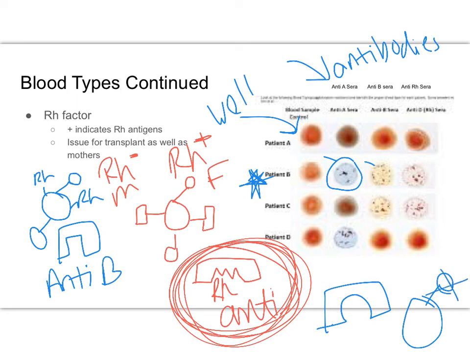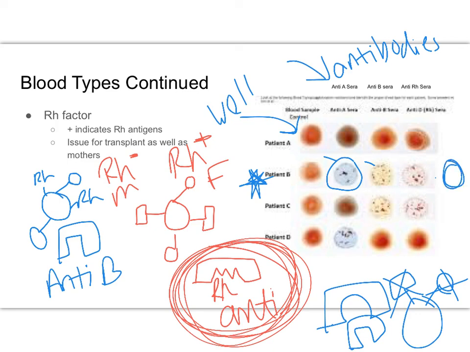Then I took a different sample of the patient's blood and put it in another well, and I added anti-B, so now I added these B antibodies. Again, I have no clumping reaction, meaning there are no B markers on their surface. So that tells me that this patient has type O blood.